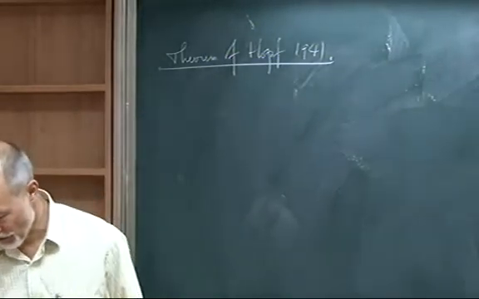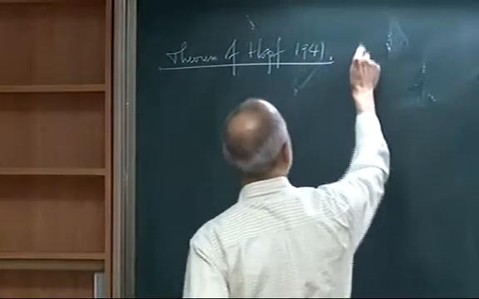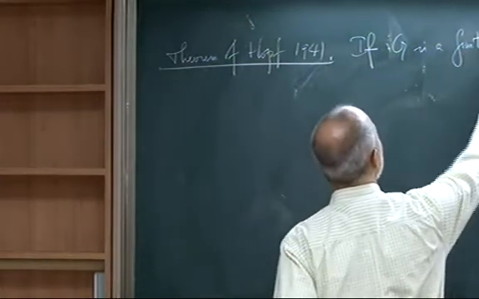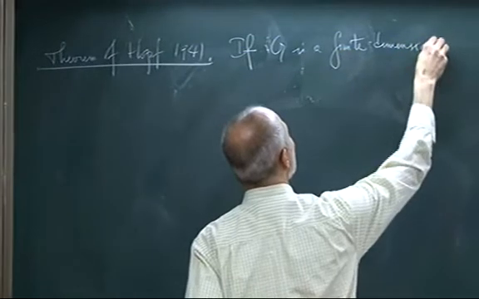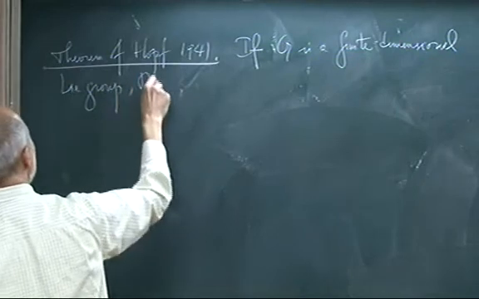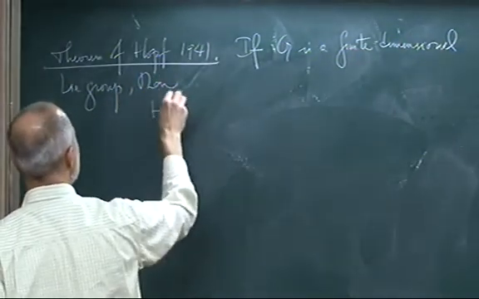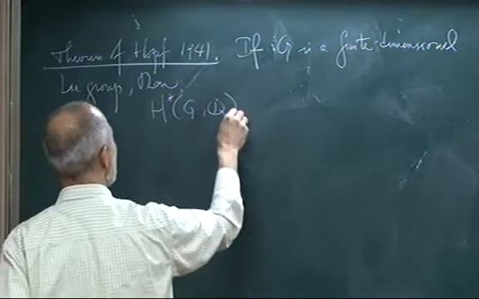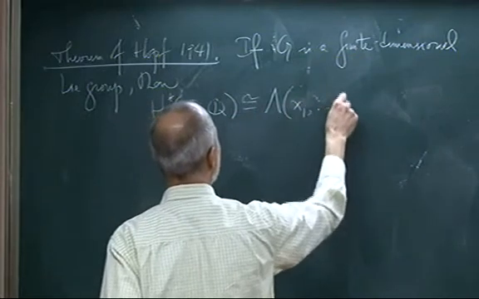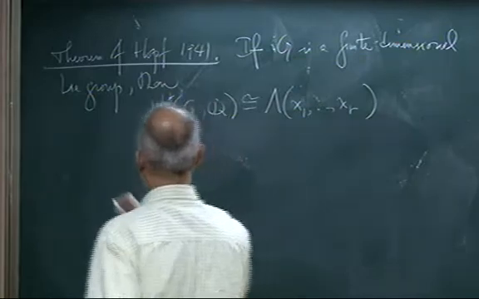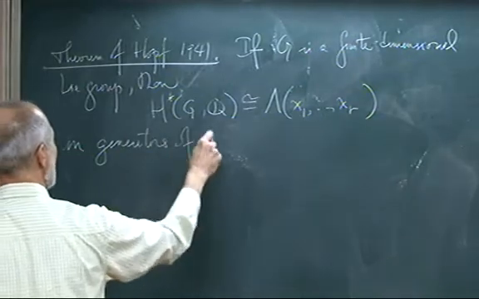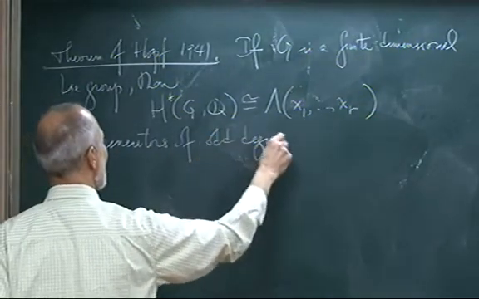So here's the theorem: if G is a finite-dimensional Lie group, then the cohomology of G with rational coefficients is exterior on generators of odd degree.